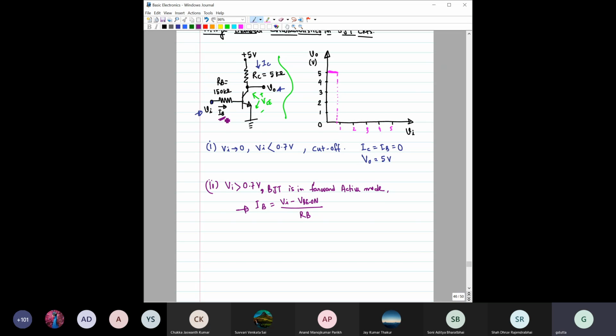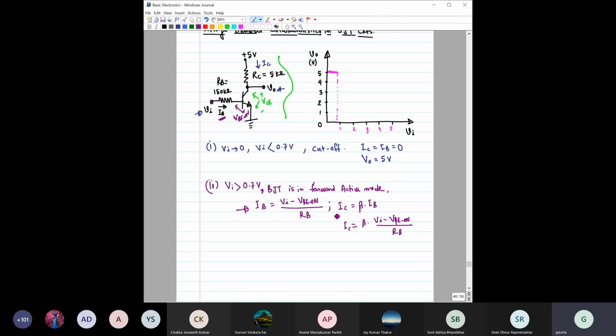The base current IB would be equal to VI minus VBE on, by RB. This is the value of IB. So if you now know IB, you can also find the value of IC. Because it is in the active region, it will be beta times IB. So it will be beta times VI minus VBE on by RB. Right? This is how we can find IC.